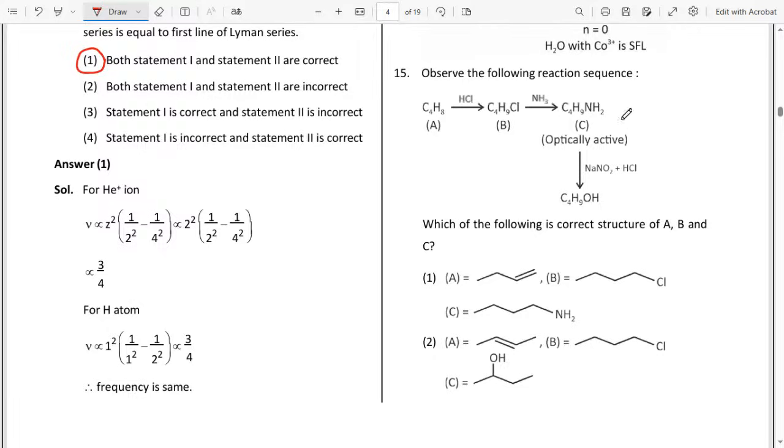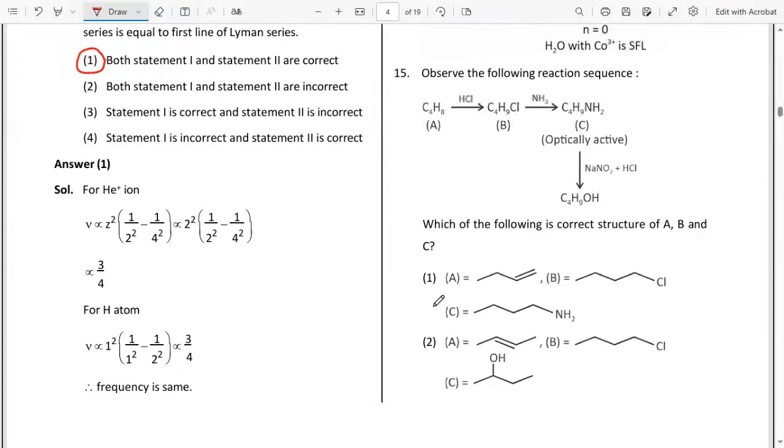Obviously the double bond is within the molecule, not outside, means it is not terminal. And this amine upon reaction with sodium nitrite plus HCl is going to give nitrosation, and it is C4H9 and amine, right?